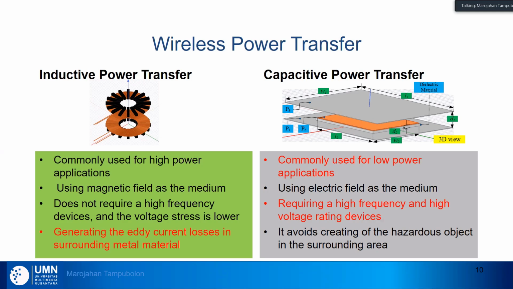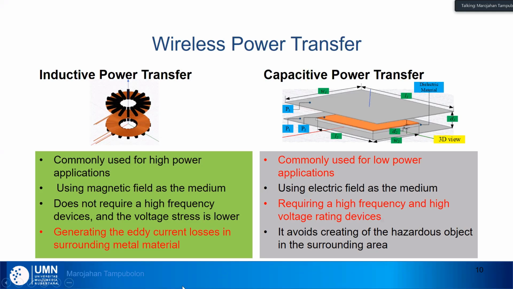And capacitive power transfer is commonly used for low power applications, because it usually has a very low mutual capacitance, so the power transfer is also quite low. Because of these limitations, it requires very high frequency and high voltage to transfer a larger power.